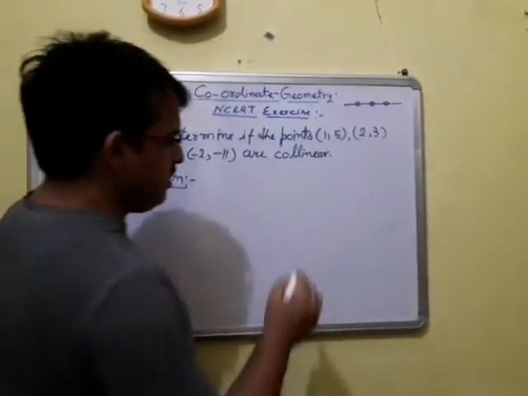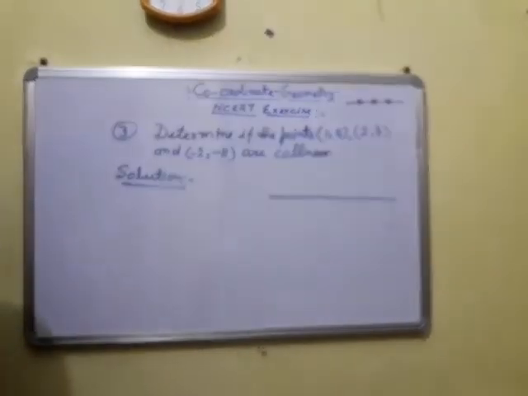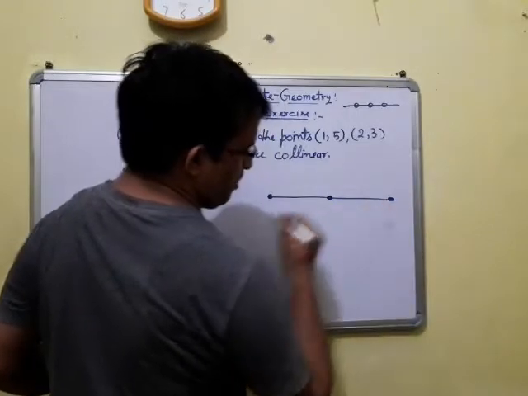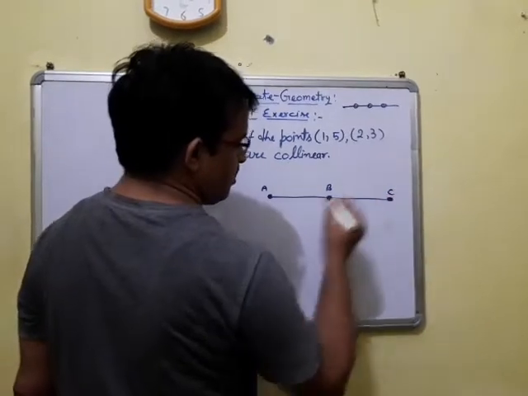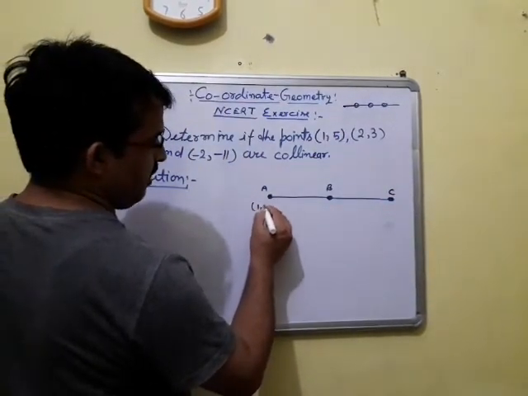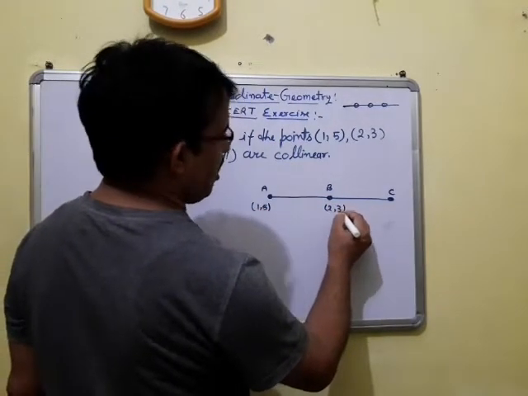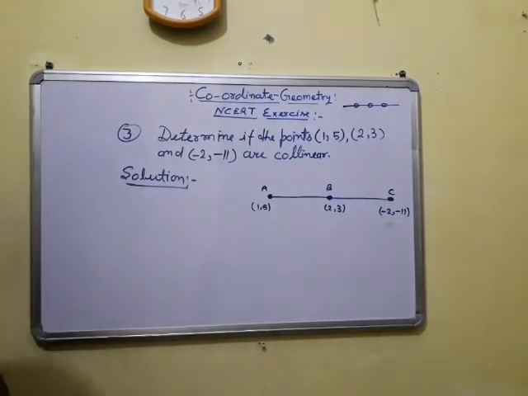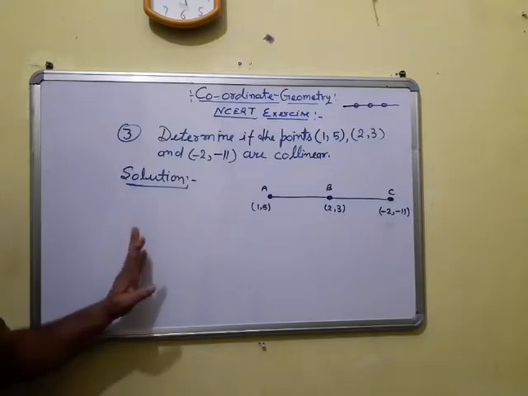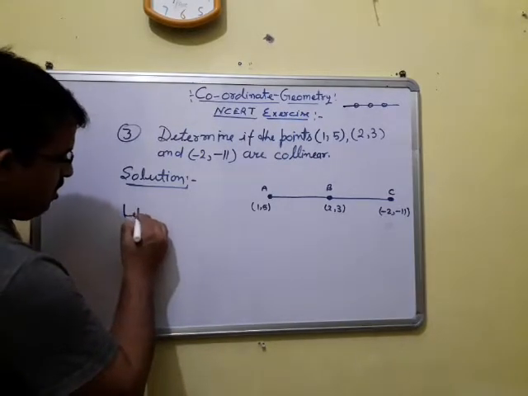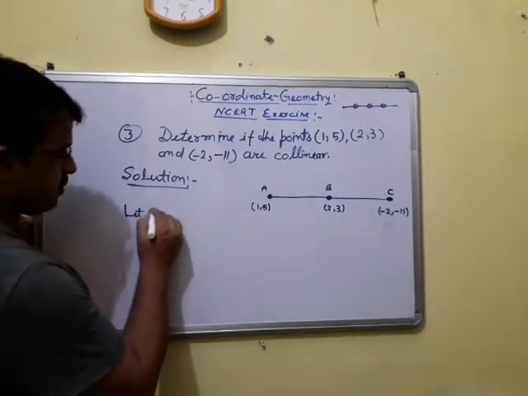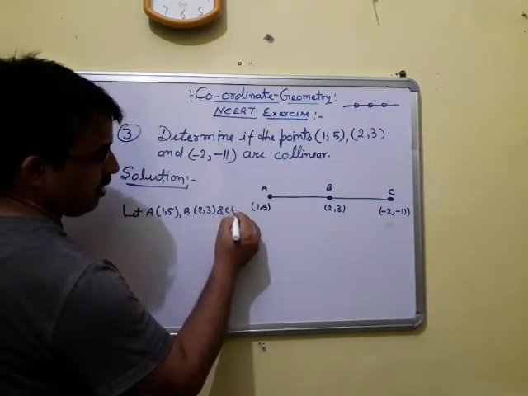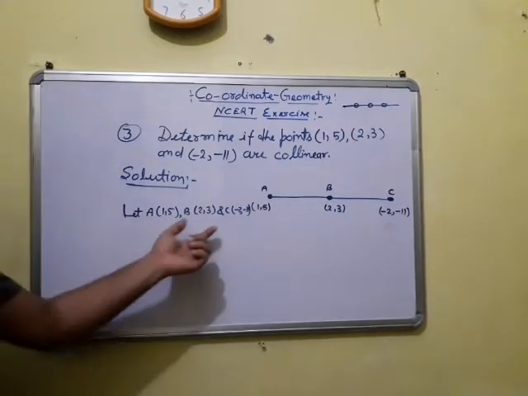Let there be a line, and on it the three points A, B and C. Their coordinates are (1, 5), (2, 3), and the last point C is (-2, -11). Let the points be A (1, 5), B (2, 3) and C (-2, -11). Clear?